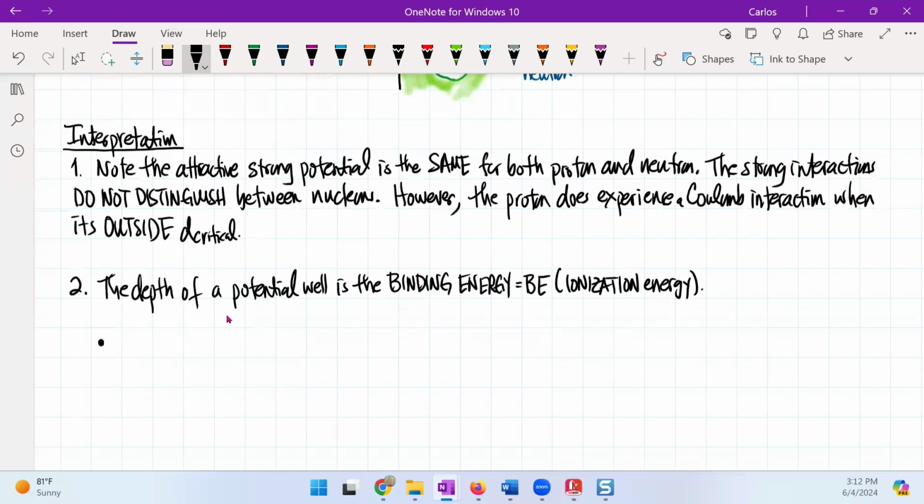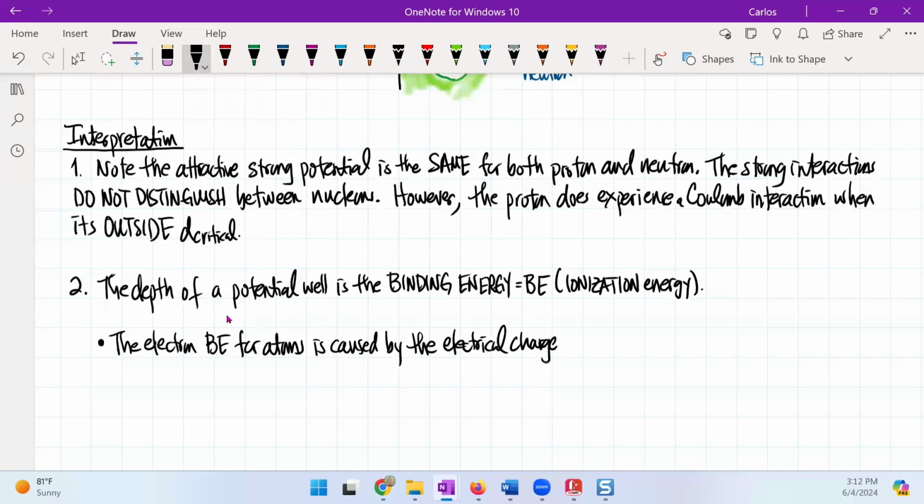Let's keep moving along this direction. The first thing we should say is that the electron binding energy for atoms is caused by the electric charge of the nucleus.